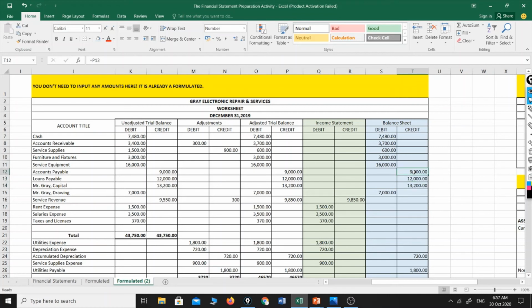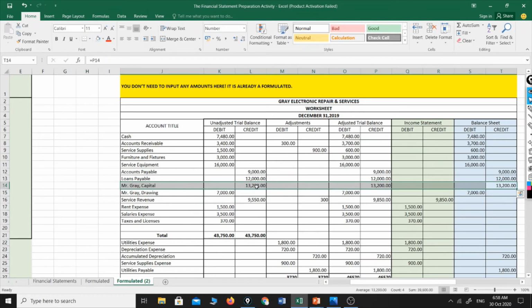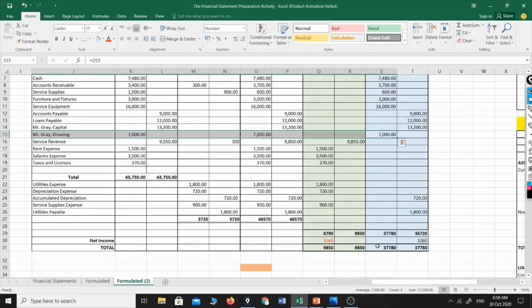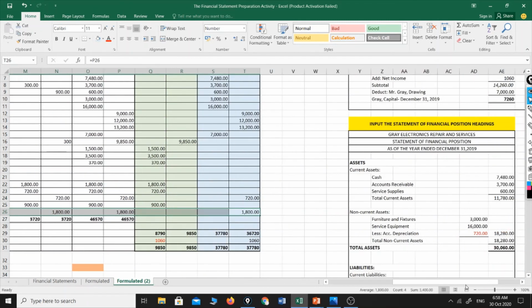That's how we use this worksheet. We go to the amounts under the balance sheet and classify which financial element each belongs to. So this 13,200 is capital as well as the drawing. This is also capital. For 720, this is a contra asset. And lastly, the utilities payable is a liability account.